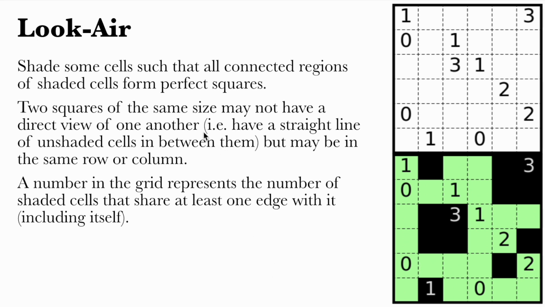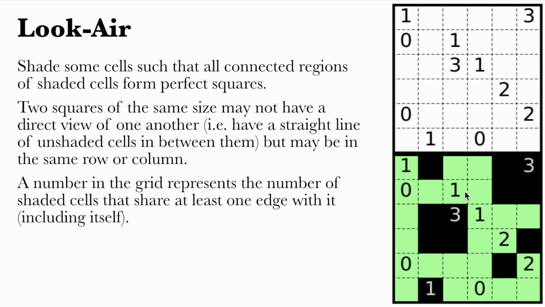Two squares of the same size may not have a direct view of one another, which is defined as they cannot have a straight line of unshaded cells in between them, but may be in the same row or column. This is the confusing rule of this genre. So this is saying that this 2x2 cell can't see another 2x2 cell.